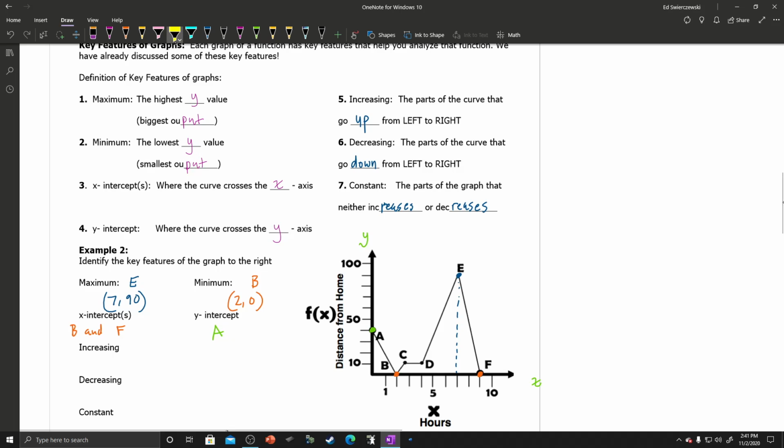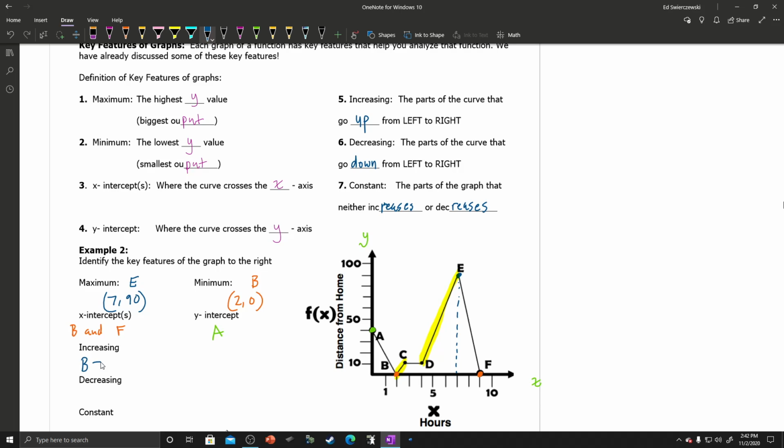And then you can think about where the graph increases. So looks like I'm increasing from D to E, but also from B to C. So I have two intervals or chunks where my graph is increasing.